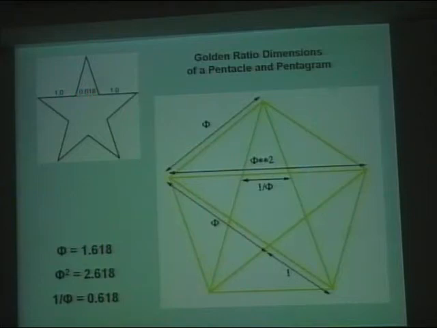Guess what it is? 0.618, etc. It's the golden ratio. And this works all the way through. Every dimension in a pentagram is either 1.618, or it's 0.618, or it's 1. So the golden ratio defines the relative size of all parts of a pentagram.